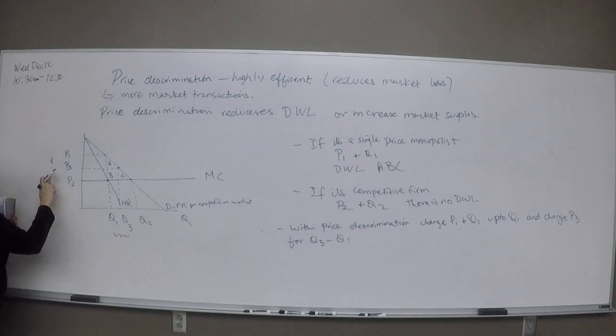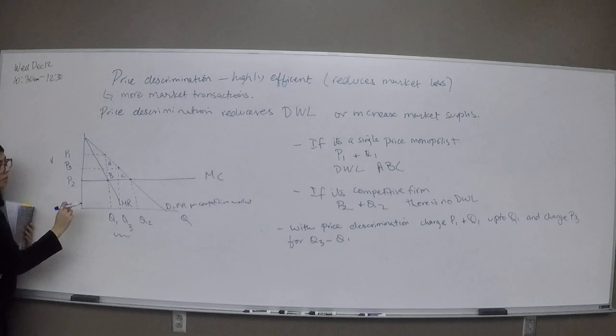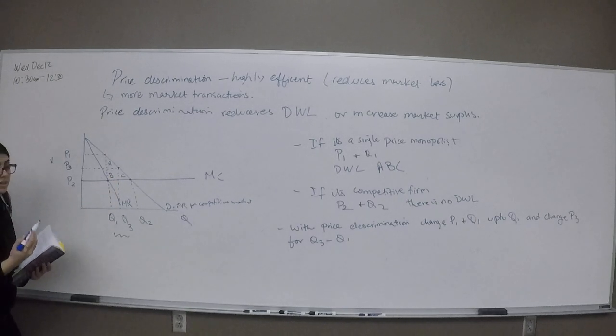So when they charge this lower price, they can sell a little bit more than Q1. And what happens is the deadweight loss reduces.